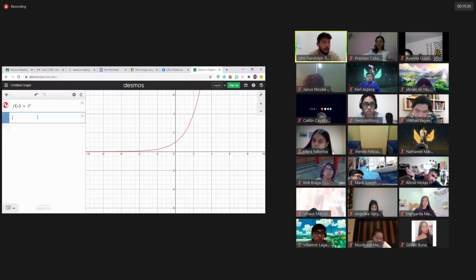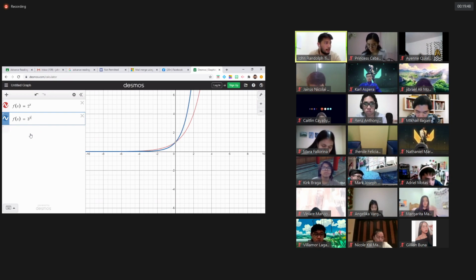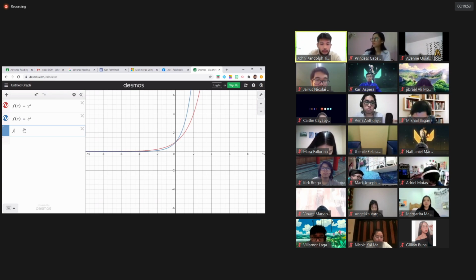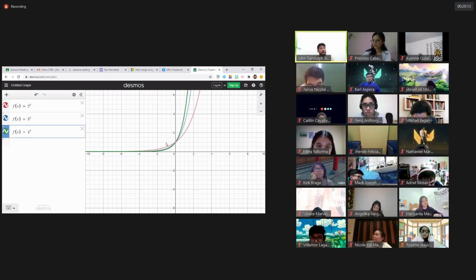That's the graph for f of x equals 2 to the power of x. That's the graph for f of x equals 3 to the power of x. Now look at the three graphs, guys. The red one is your f of x equals 2 to the power of x. The blue one is your f of x equals 3 to the power of x. And your green one is your f of x equals 4 to the power of x.